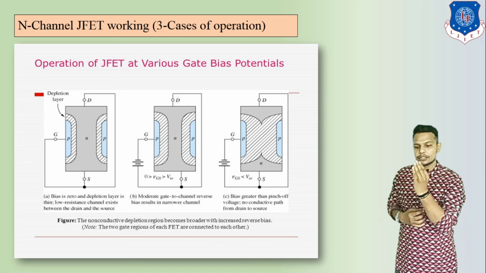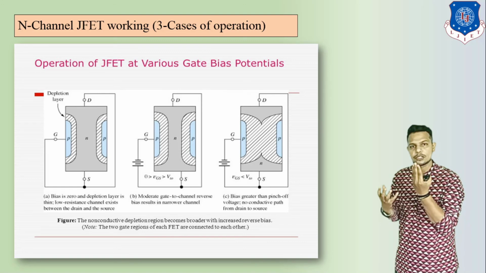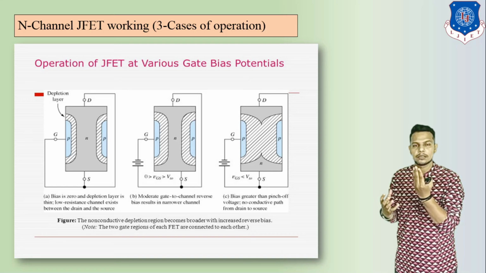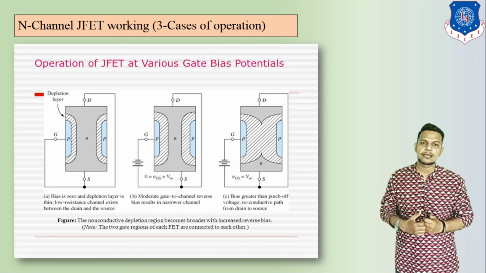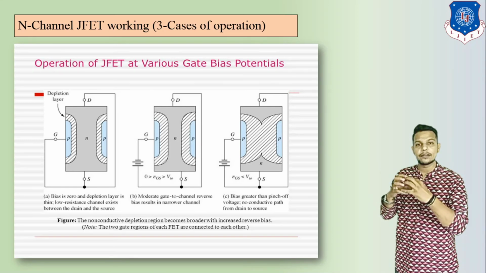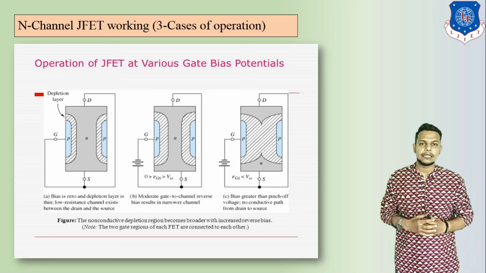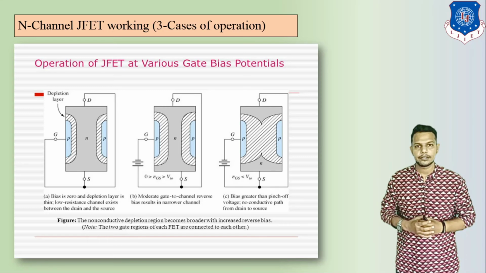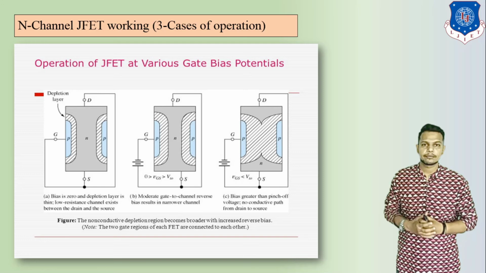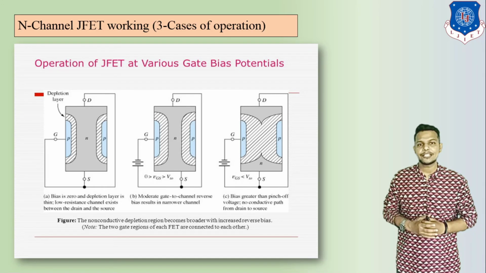And finally the gate is totally closed, that means the flow of water stops. It happens in case number 3: if the depletion regions touch together, it stops the flow of drain current. So we can give this example for the N-channel JFET.